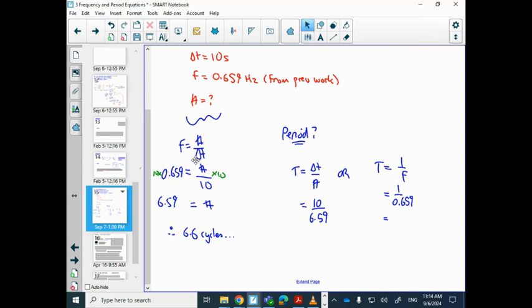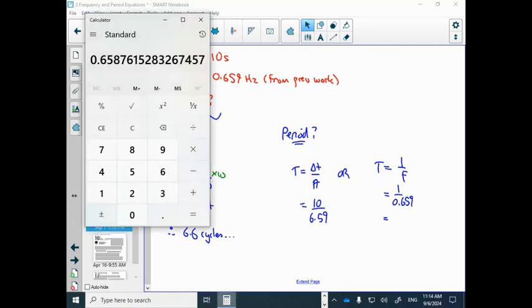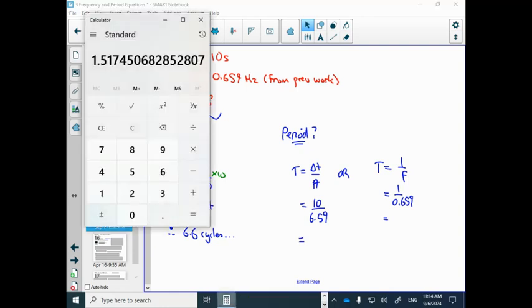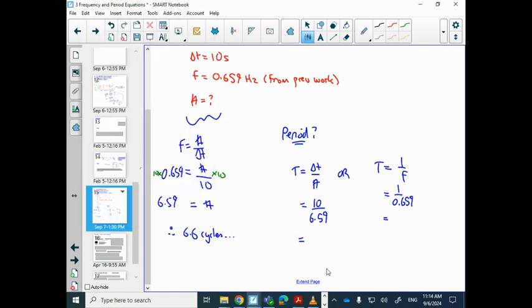If you did the calculation for each of those, we're going to do our 10 divided by our 6.59, giving you 1.517. So that's telling us that the period is 1.517. Let's say 1.52.